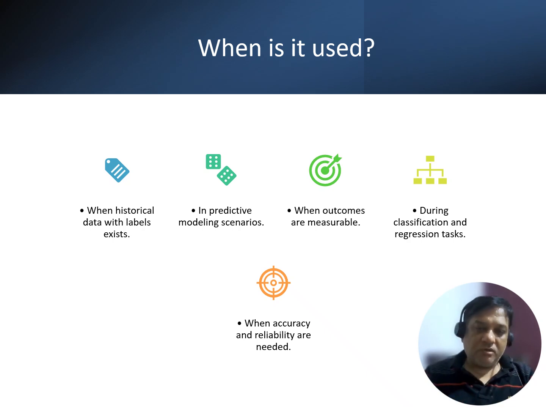So we know the historical data, and it is used in predictive modeling scenarios, when outcomes are measurable, during classification and regression tasks, yes, we will see regression also, and when accuracy and reliability are needed. Supervised learning also deals with accuracy and reliability, because even if one thing goes false positive or false negative, that will not help. So accuracy is very important, and reliability.